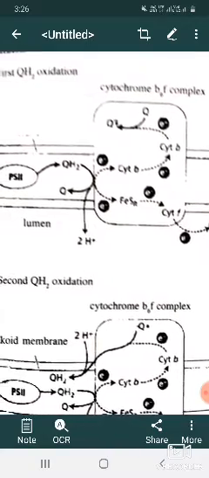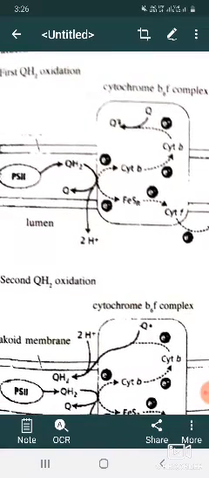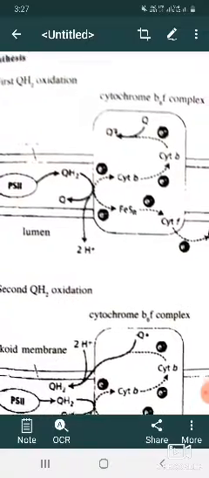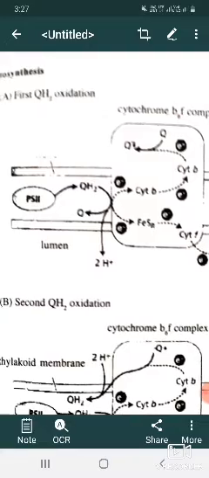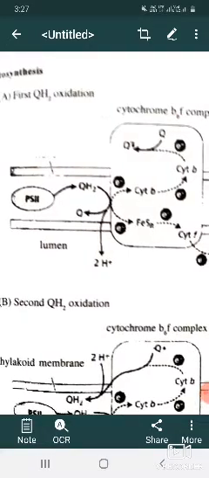As a result, a 2 electron deficit is formed for PS1. The deficit of electrons in PS1 is compensated by PS2.